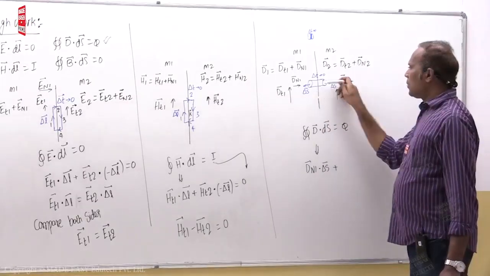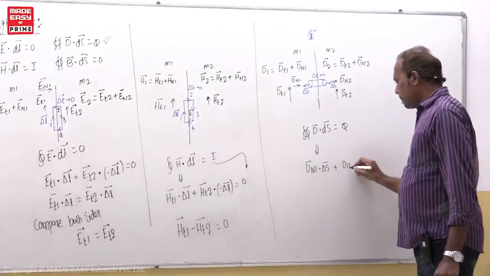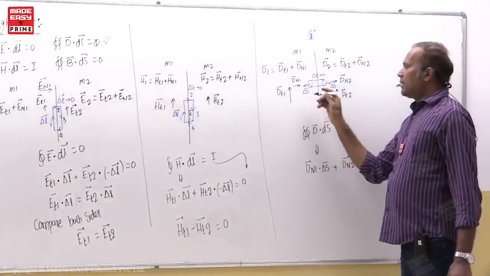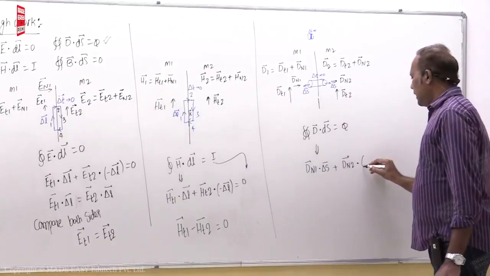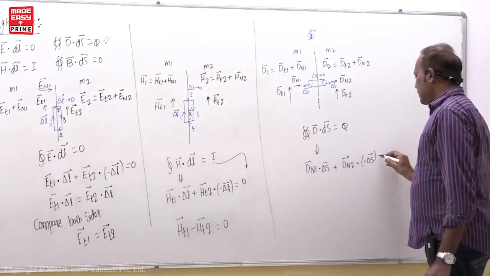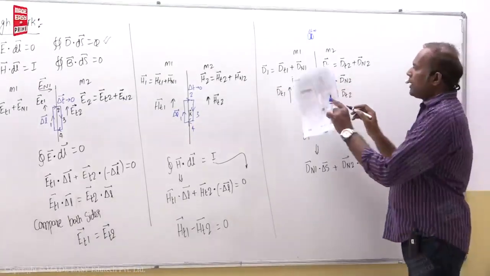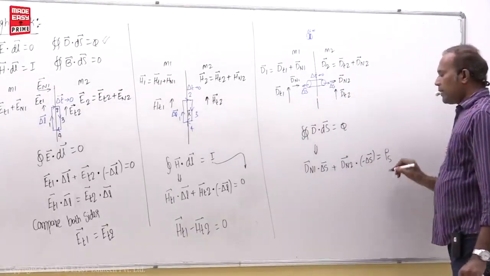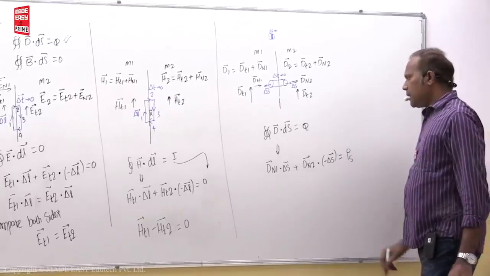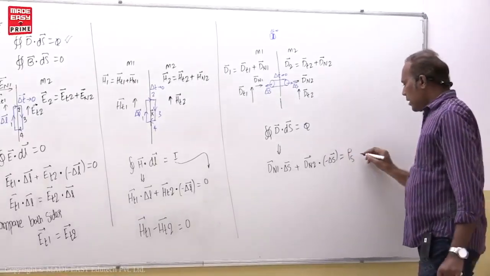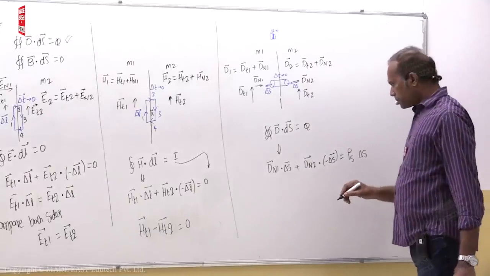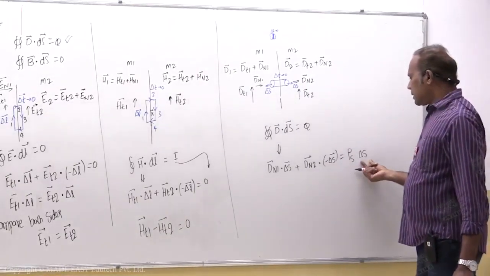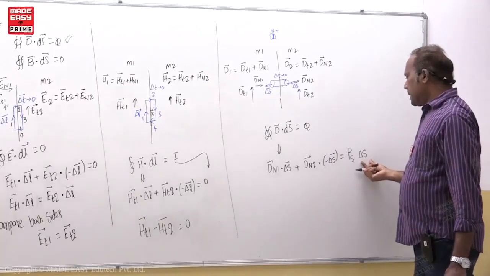Now here DN2 is like this, dot. If I take this as plus delta S, then the opposite of that I will take as minus delta S, like this. So this is equal to, on the boundary surface, rho s will be there, the surface charge density. So rho s into delta S you have to take, because on the delta S surface, how much charge is there?